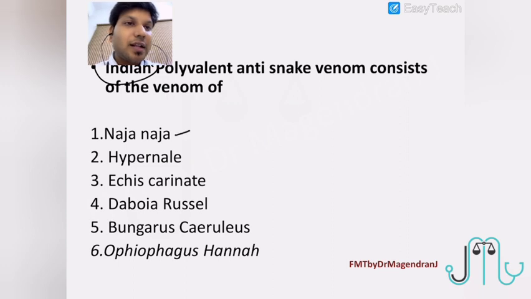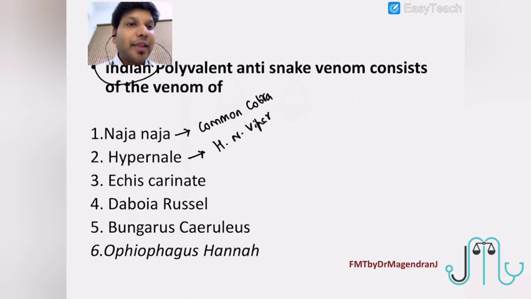Naja is nothing but common cobra. Hypnale, it is your hump-nosed viper. Echis carinatus, it is saw-scaled viper.